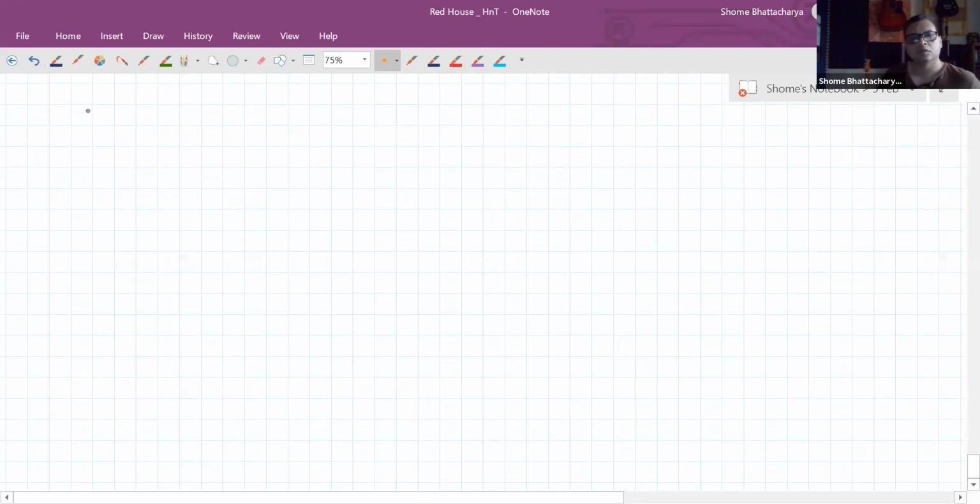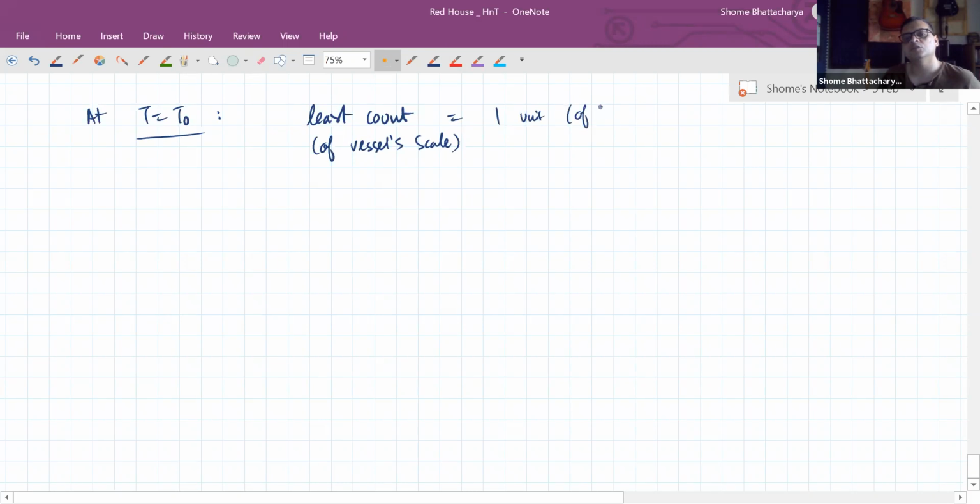So at T equal to T naught, what was happening? The least count of the vessel scale, you can say, will be 1 unit of volume, whatever that unit is. It might be milliliter, it might be liter, whatever. And the volume of liquid measured by it is x number of units.